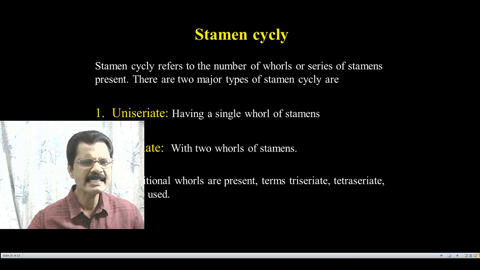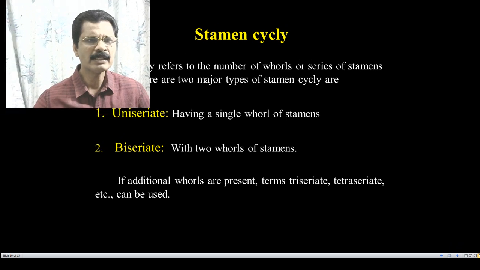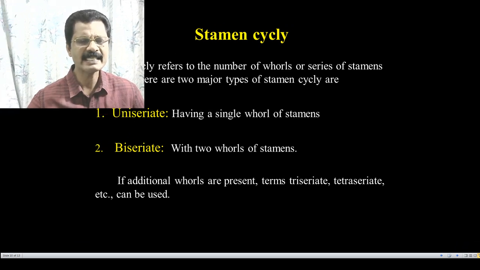Uniseriate has a single whorl of stamens. Biseriate has 2 whorls of stamens. If additional whorls are there, we can also name them triseriate, tetraseriate, and so on. So mainly there are 2 types, uniseriate and biseriate, of stamen cycle.